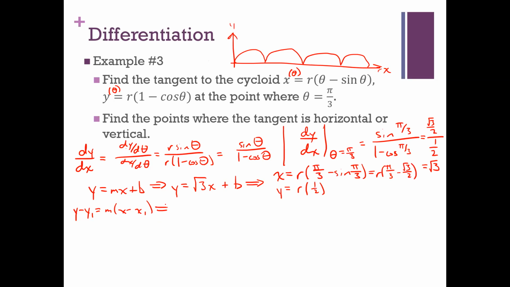So what's our y1? So y minus r over 2 equals radical 3 times x minus r times pi over 3 minus radical 3 over 2. So we'll leave it like that. That's better.